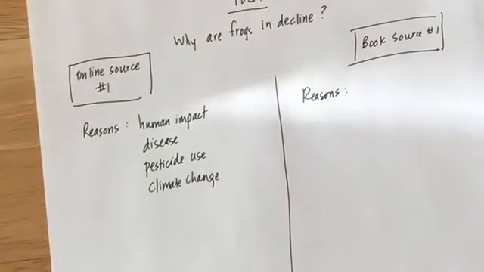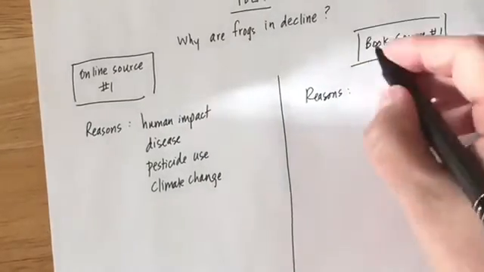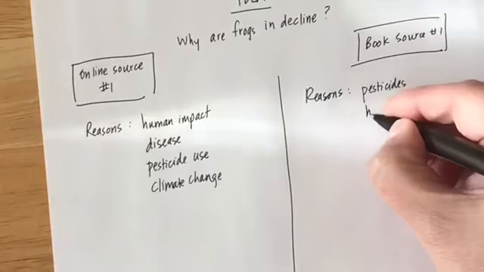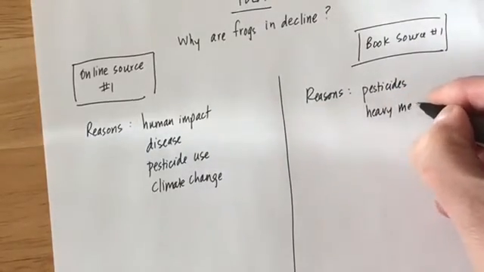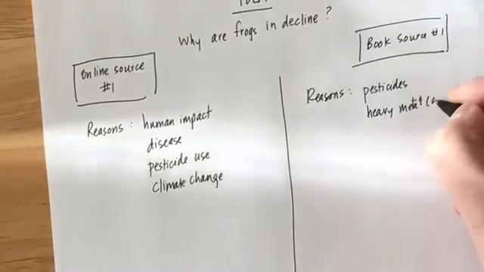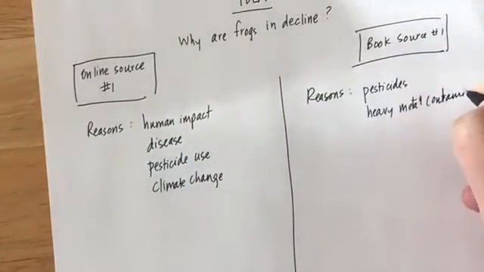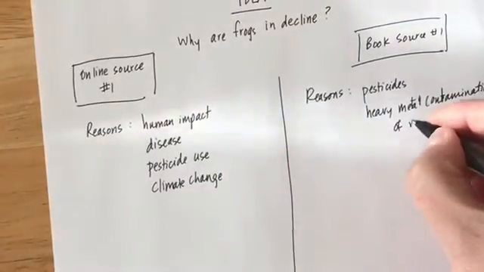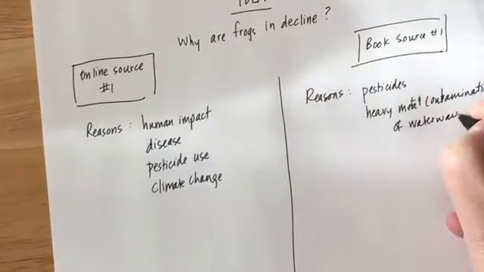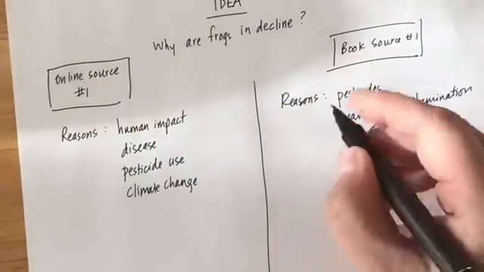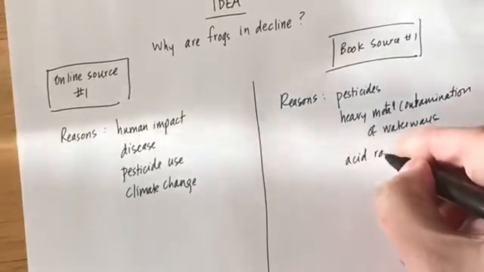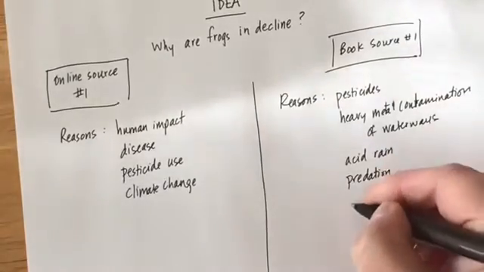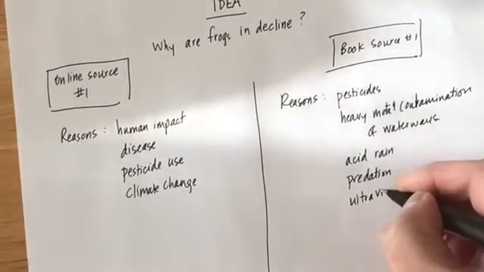In the book, it listed pesticides, heavy metal contamination of waterways, acid rain, predation, and ultraviolet radiation.